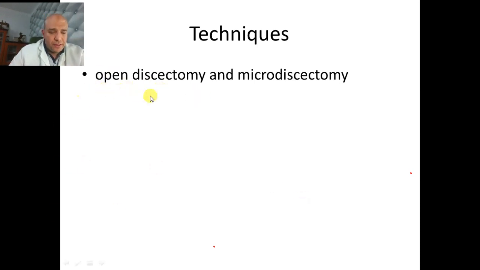Techniques: either open or micro discectomy. Actually, micro discectomy is the same as open discectomy, except that we use a microscope. Sure, it is better because it has its light source, so you see well, and its magnification power.